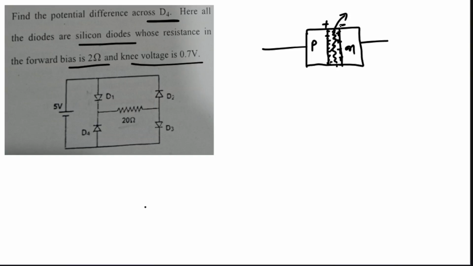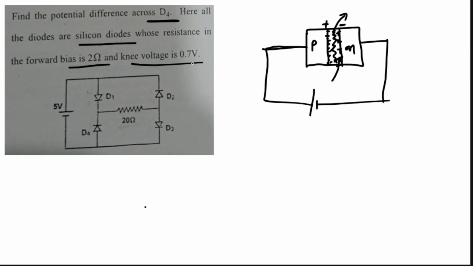Then this positive and negative layer will get destroyed and there won't be any depletion region. So when will this be forward bias? When you are connecting the P side with the positive terminal of the battery and the N side with the negative terminal of the battery. Done?